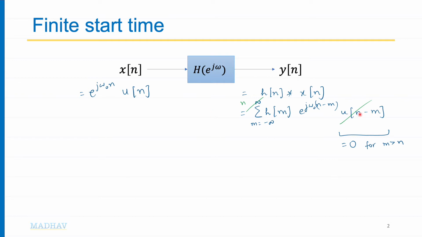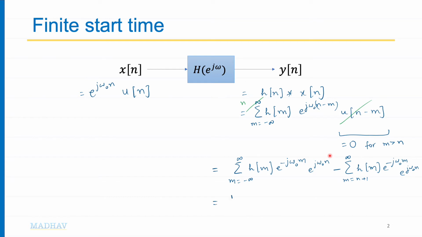For all these terms the step function is 1, so I can just get rid of it. Now this term is the summation from minus infinity to plus infinity, which was your original steady state response of the LTI system. But then there is this term from n plus 1 to infinity. We have to subtract these terms from here, which means this is my transient response.